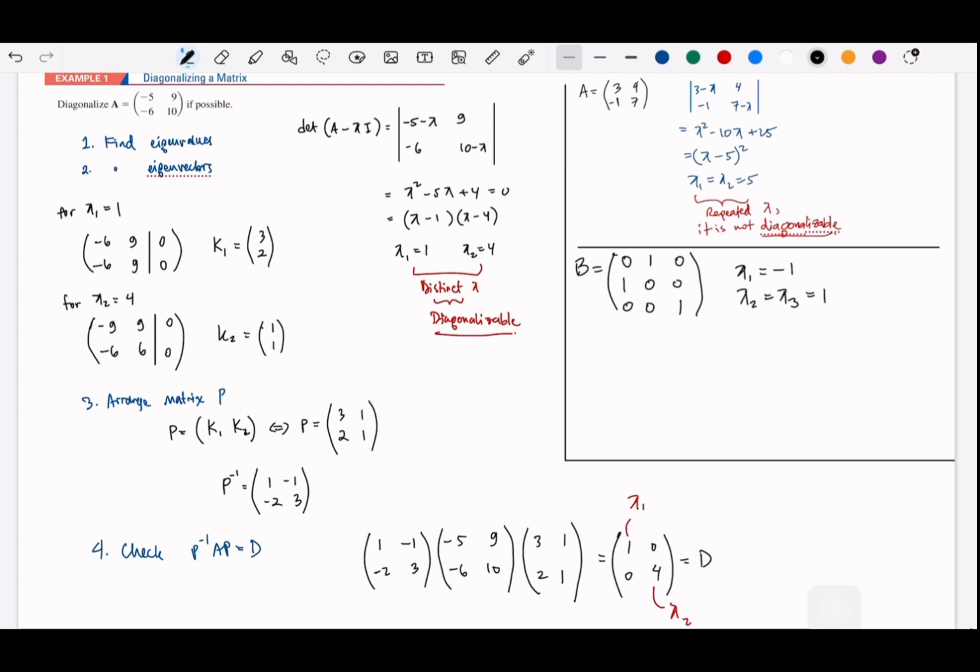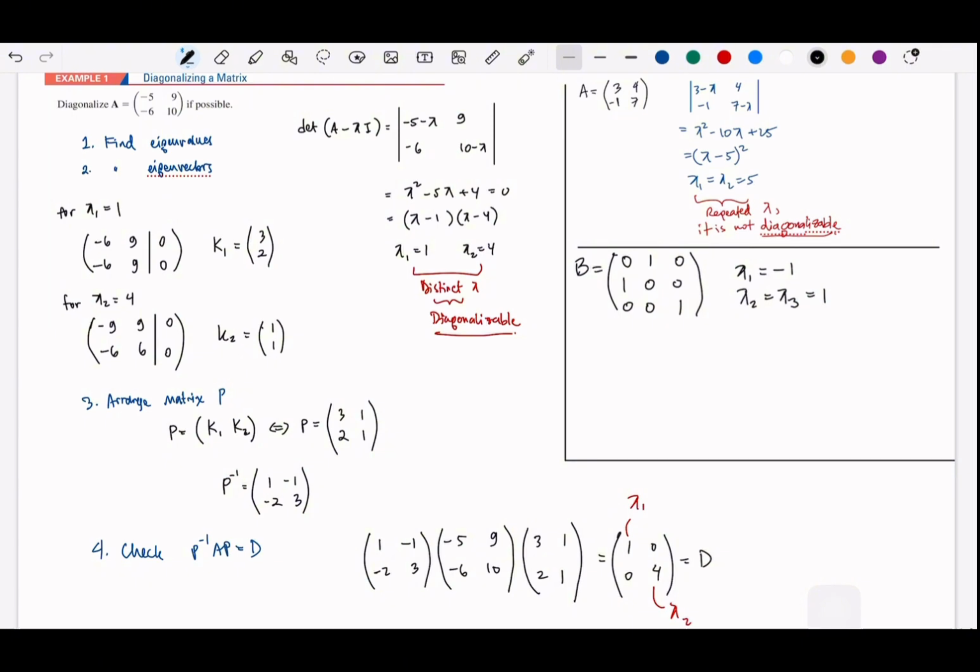And if this happens, then we need to take this into our confirmations through finding the P. Finding the eigenvectors, and then we find the P, and then we multiply, and we check whether the final result gives the eigenvalues.